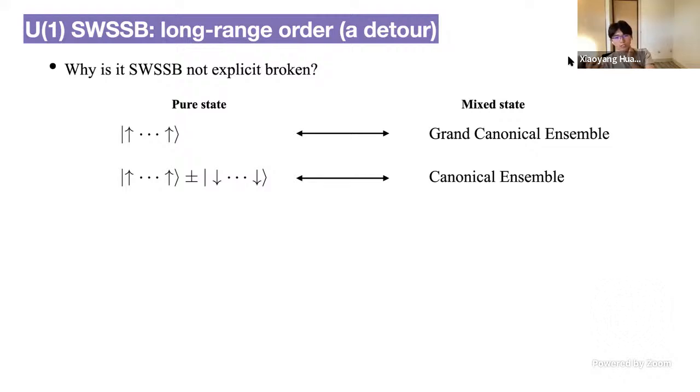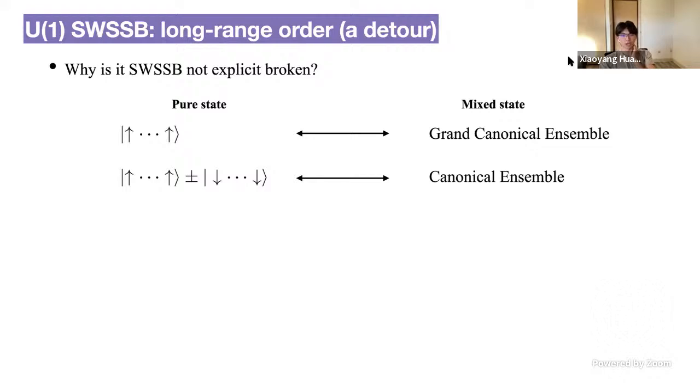So we are mostly interested in the grand canonical ensemble, but you can ask why that is SSB. We show that the condition to say that this is SSB is to find that the corresponding superposition of your ensemble, which now becomes a canonical ensemble, has a long-range order in two-point correlation functions.